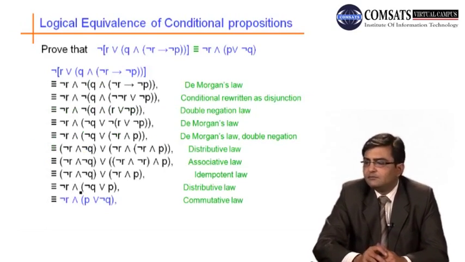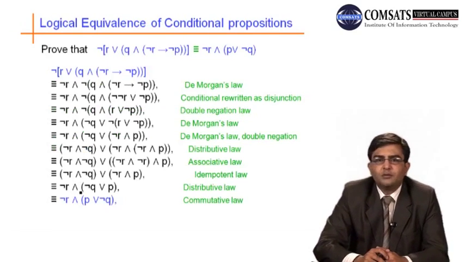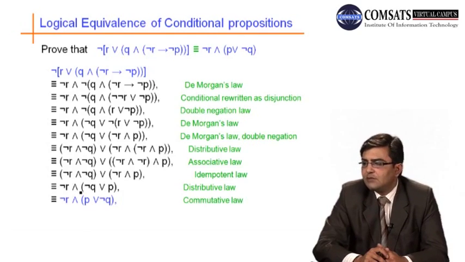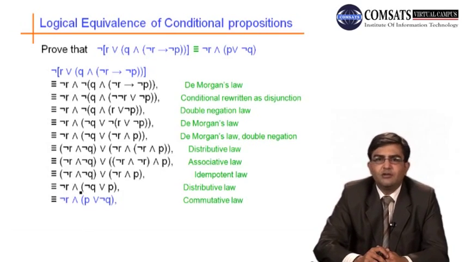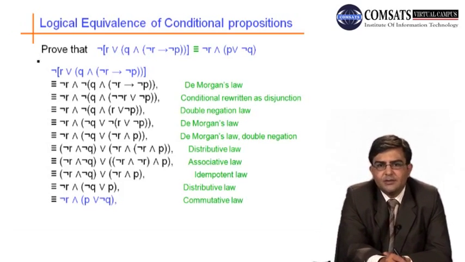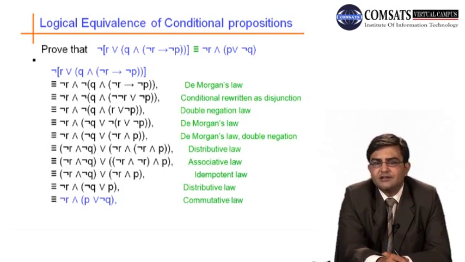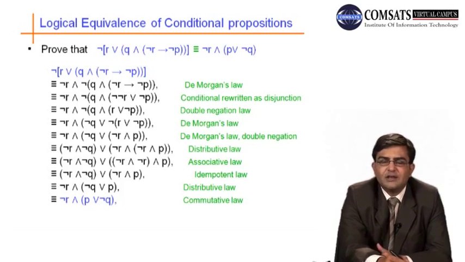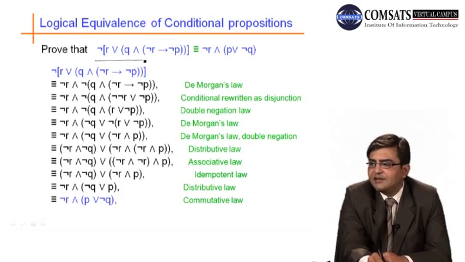Next I shall give you an example of how to prove two compound propositions equivalent, which involve conditional statements. In the previous lecture we proved two compound propositions to be logically equivalent using logic laws. This is the same example, but it involves conditional statements.